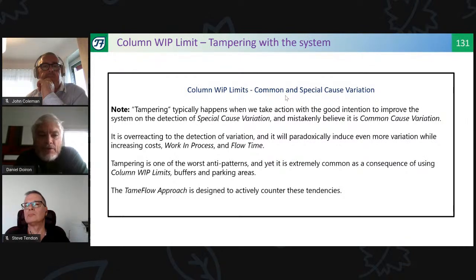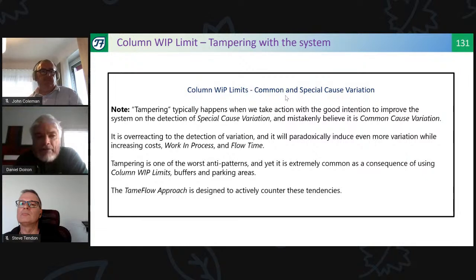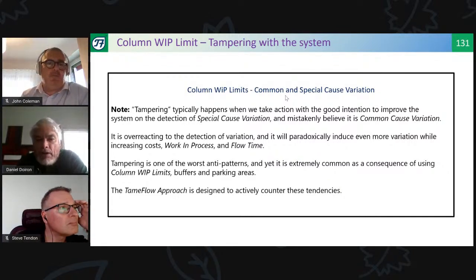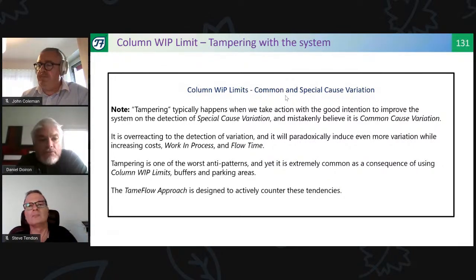And tampering typically happens when we take action with the good intention to improve the system on the detection of special cause variation and mistakenly believe it is common cause variation. It is overreacting to the detection of variation, and it will paradoxically induce even more variation while increasing cost, work in process, and flow time. Tampering is one of the worst anti-patterns, and yet it is extremely common as a consequence of using column WIP limits, buffers, and parking spaces.